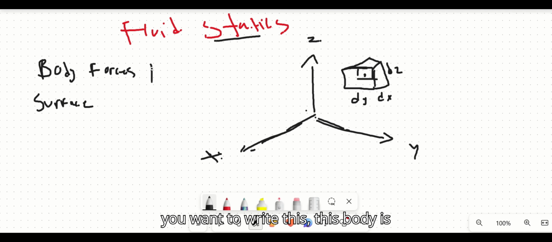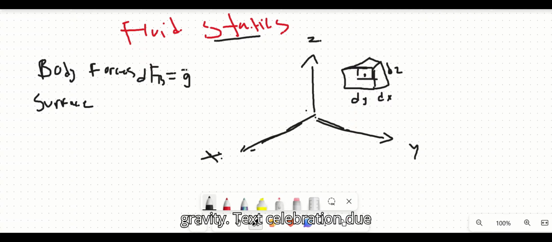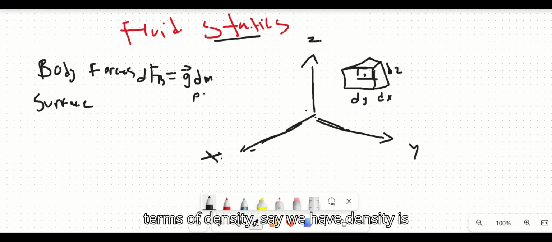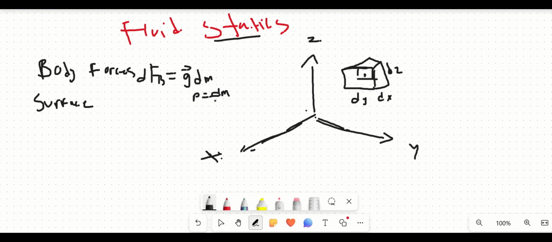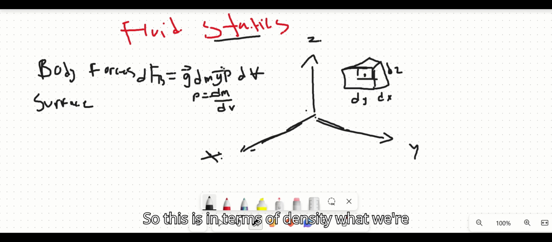So if you want to write this, the body force is equal to the acceleration due to gravity times this, right? And if we want to rewrite it in terms of density, let's say density is equal to mass over volume, then we would have this in terms of density, which is what we're going to use for body forces.